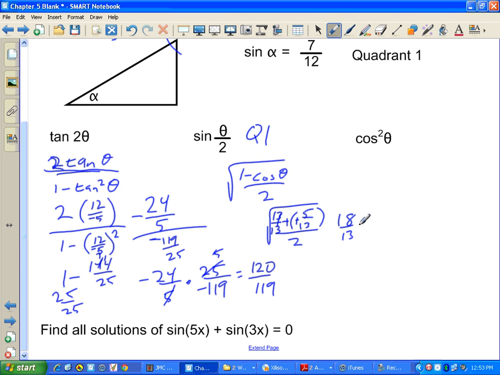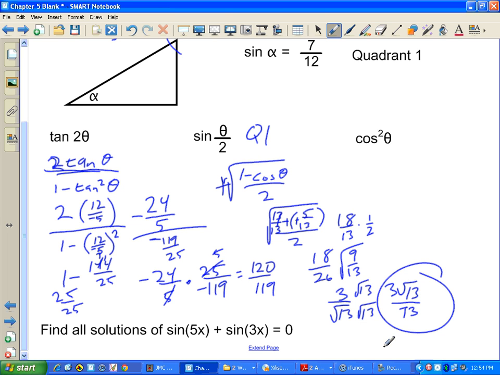Over 2 is really just multiplying by a half. So I get 18 over 26, which I can reduce to 9 thirteenths. I'm square rooting that, so I'd have 3 over the square root of 13. It's positive because I'm in quadrant 1. Rationalize this. I get 3 square root 13 over 13. And that'd be the sine of half of theta.